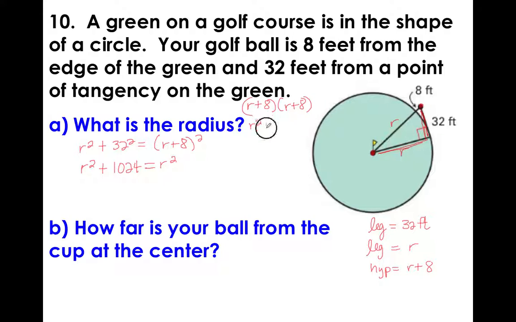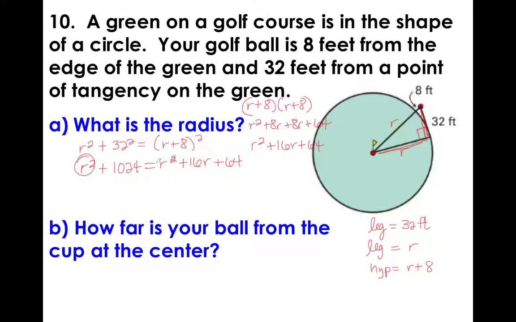That gives me R squared + 8R + 8R + 64. That gives me R squared + 16R + 64. And so now I can just do the same thing we did in the previous problem.